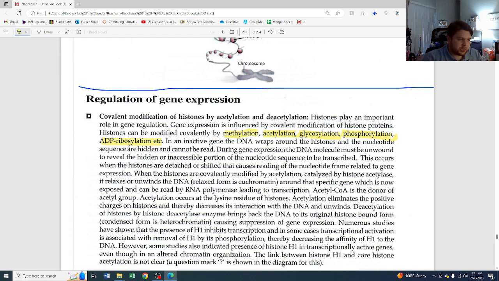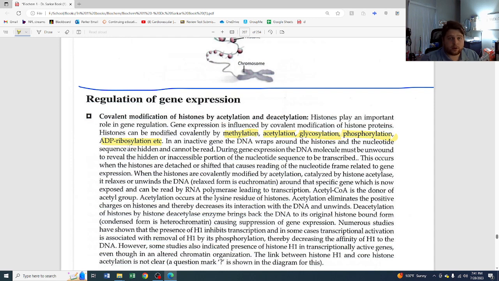During gene expression, the DNA molecule must be unwound to reveal the hidden or inaccessible portion of the nucleotide sequence to be transcribed. This occurs when the histones are detached or shifted, which causes reading of the nucleotide frame related to that gene expression. So we're going to bind something to the histone.